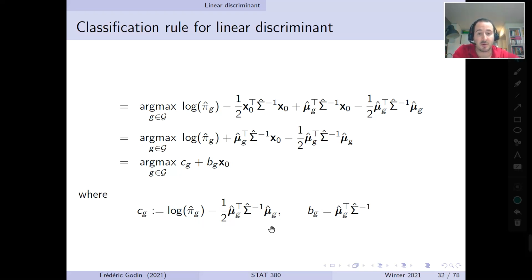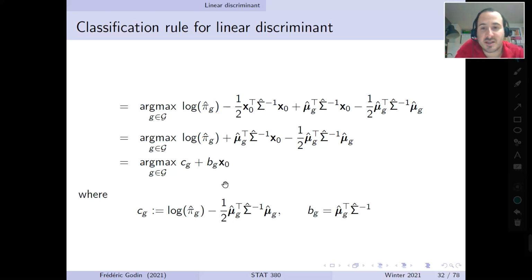Cg is a 1 by 1 constant, and Bg is a 1 by p vector, where p is the number of predictors. So Bg is 1 by p and x0 is p by 1. So this is it. This entails maximizing a scalar.